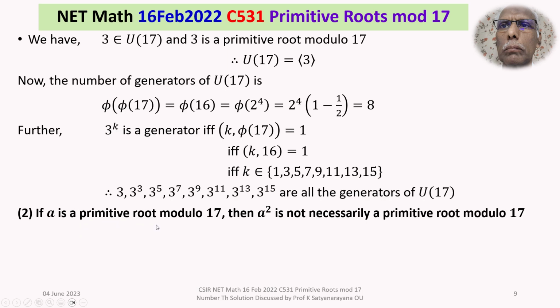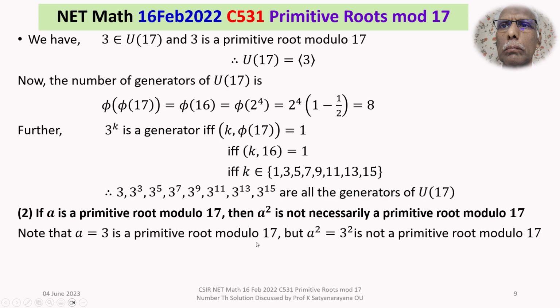If a is a primitive root modulo 17, then a square is not necessarily a primitive root modulo 17. Now we take a equal to 3, which is a primitive root modulo 17, but its square, 3 square, is not there in the set of the generators of U17.